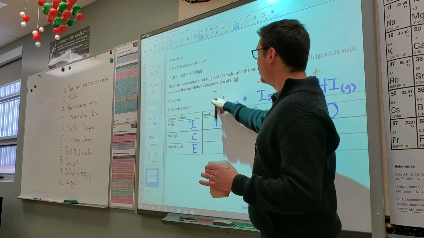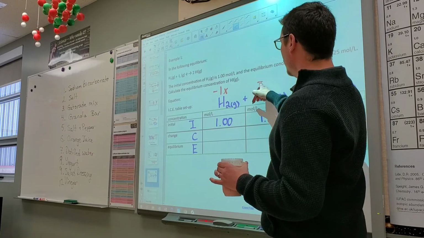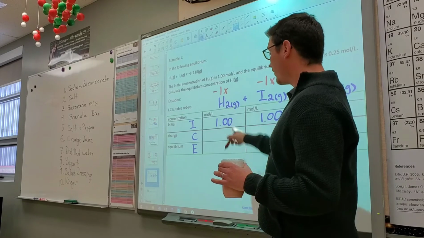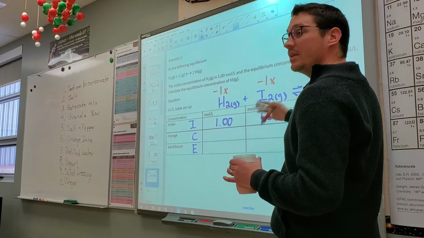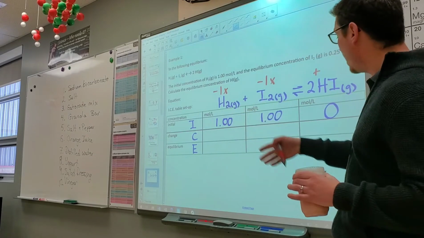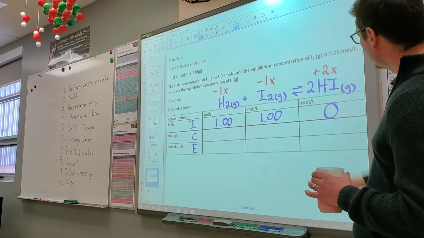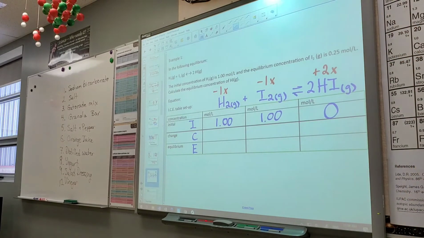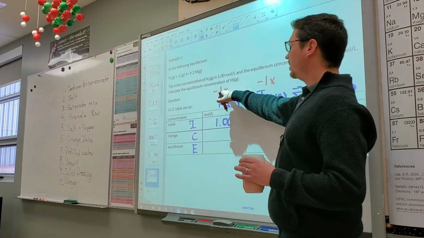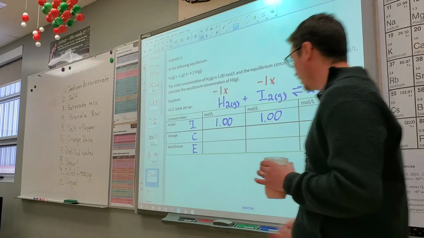If I lose 1x here, I have to lose 1x here. Do you agree? For every 1 of these, I have to lose 1 of these as well. Now, for every 1 of these that get used up, how many of these are made? 2x. And we're going to use the placeholder of x because immediately we don't actually know how much changed.